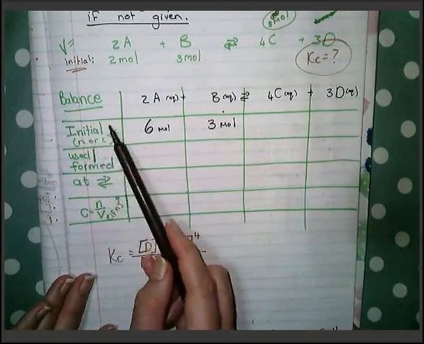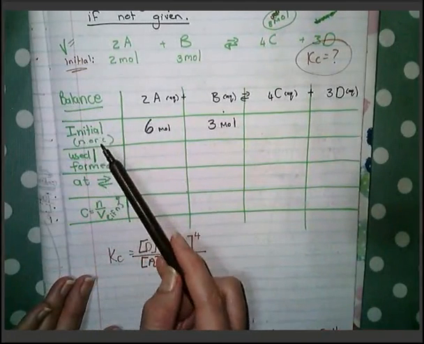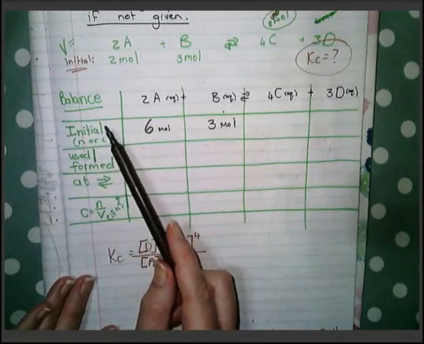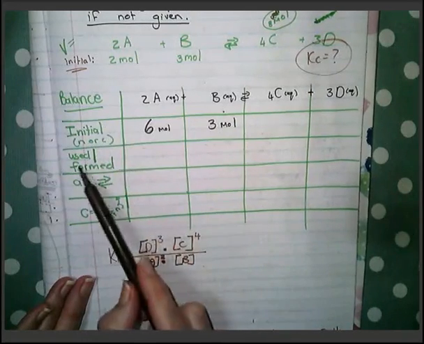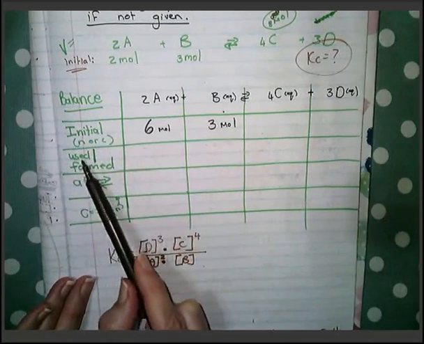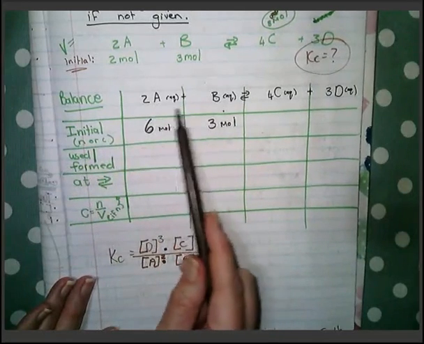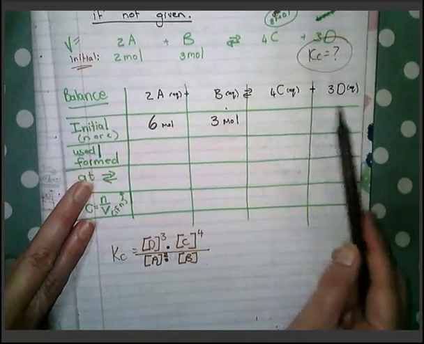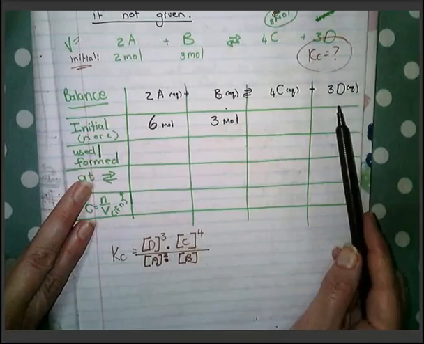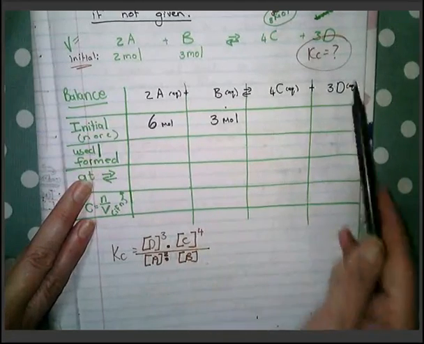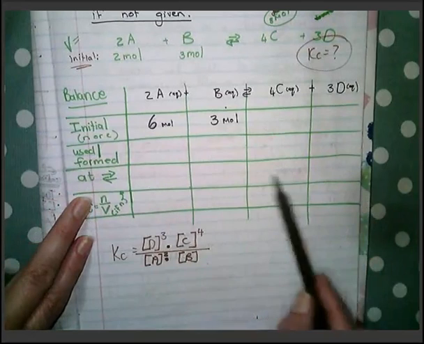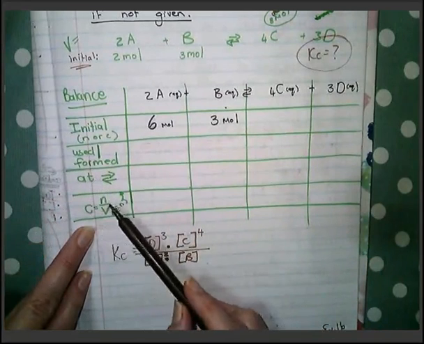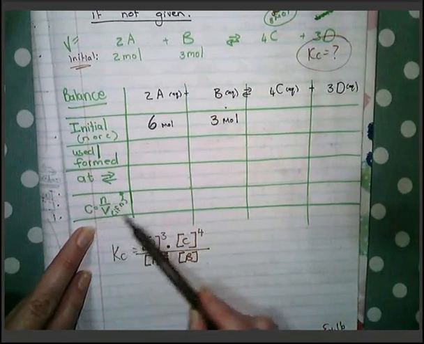Then you need to write down the initial mole or concentration that you have before the reaction happens. Then what has been used, so the reactants would be used, or what is formed, so the products are formed. So used or formed. Then how much you have at equilibrium, and then concentration, which is mole over volume.